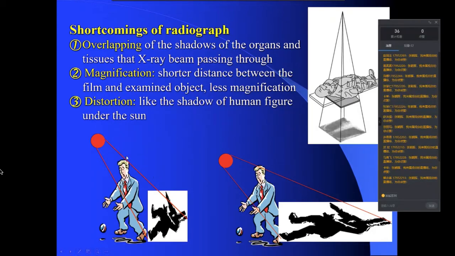You see, when the position of the sun and the human body changes, you have a different figure of the human body. I think this is easy to understand. The sun is here, and the human body here, and it got a figure like this. And when their position changes to this way, you have the human figure like this.